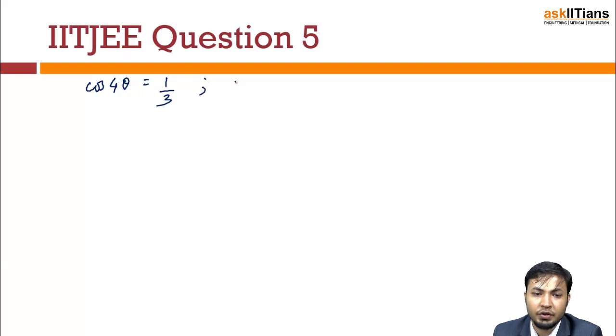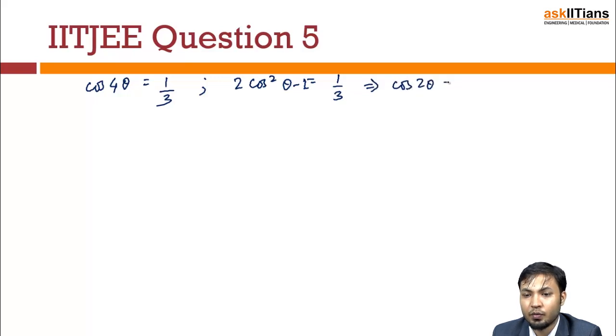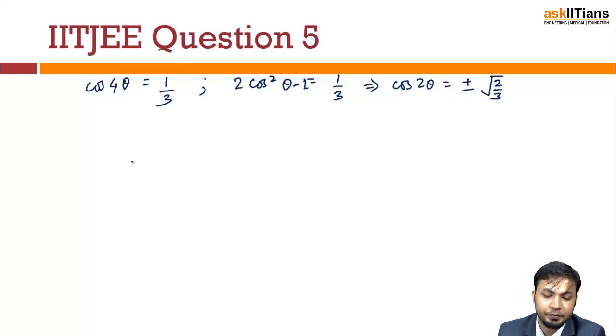Now cos 4θ can be written as 2cos²2θ − 1, which is equal to 1/3. I solve that, I get cos 2θ is equal to plus minus root under 2/3, right?